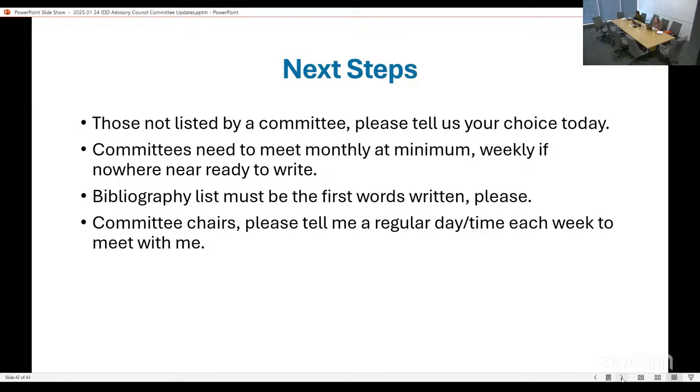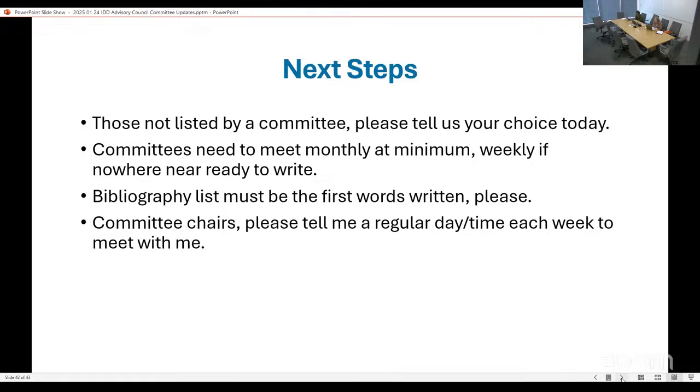Next steps. The people on our committee, if you're not listed by a committee, please let us know your choice. We'd love to have you join a committee and contribute and be involved as you can.